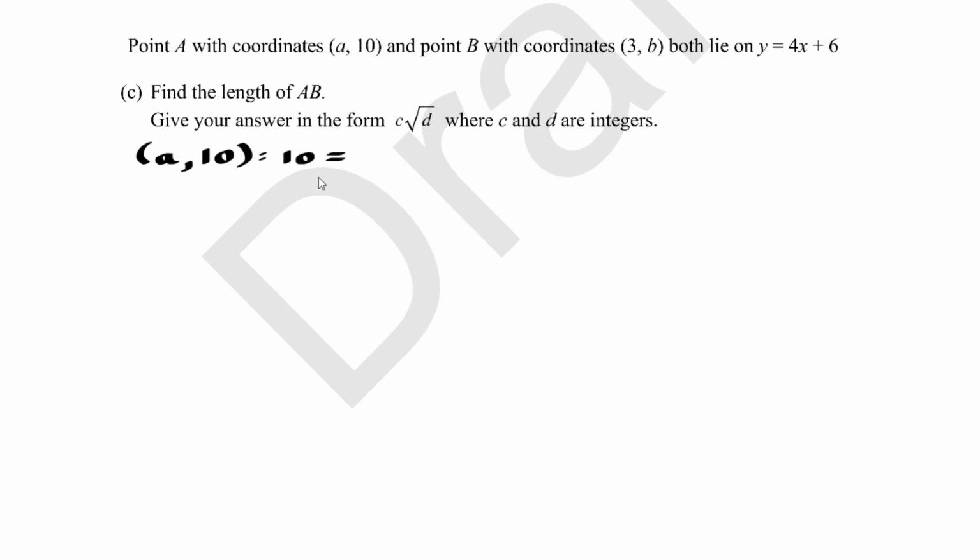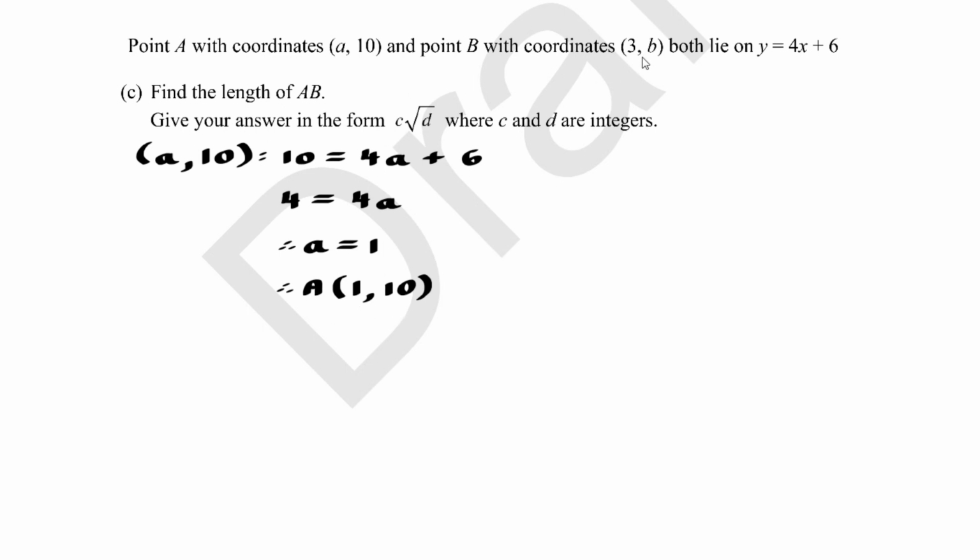So we have 10 equals 4 multiplied by a plus 6. We can find out what a is. Subtracting 6 from both sides, you will find 4 to equal 4a, and if I divide through by 4, you will find a to equal 1, which means A has coordinates (1, 10).